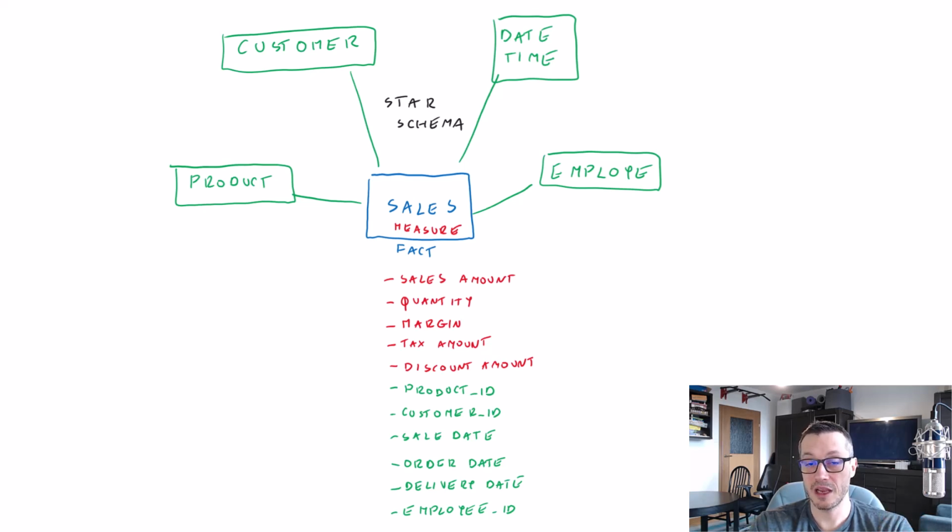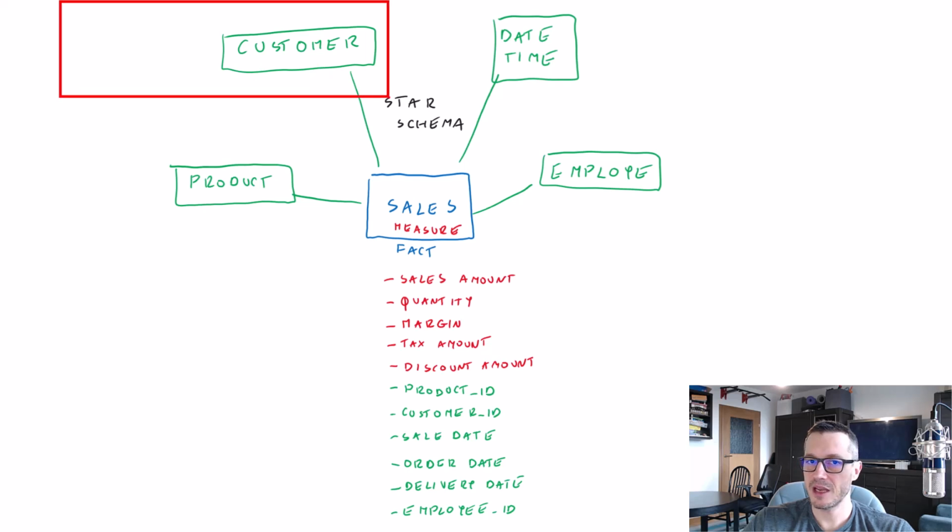The number of tables or data sets, to be more generic, is quite limited, quite low, compared to the original system. So for example, in your original system, you might have 10 tables that store data about customer. But here, in your analytical solution, you would somehow union it into a single table, just to make the model simple.